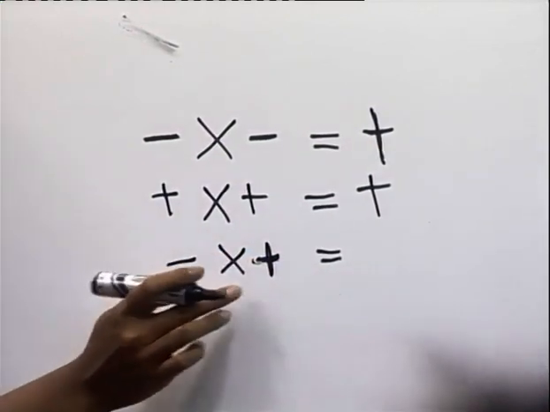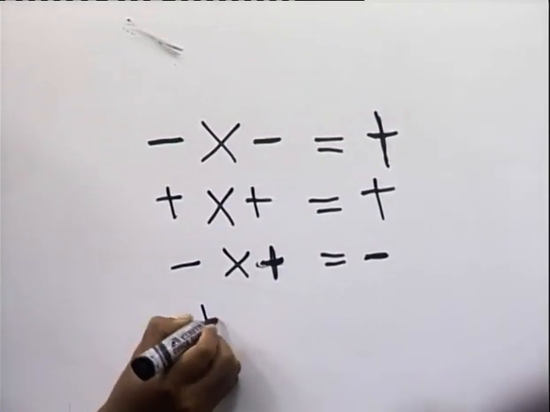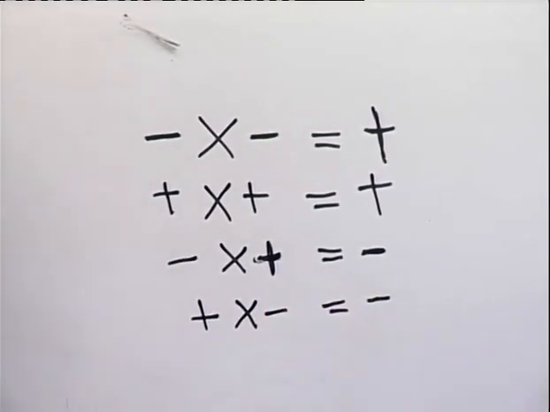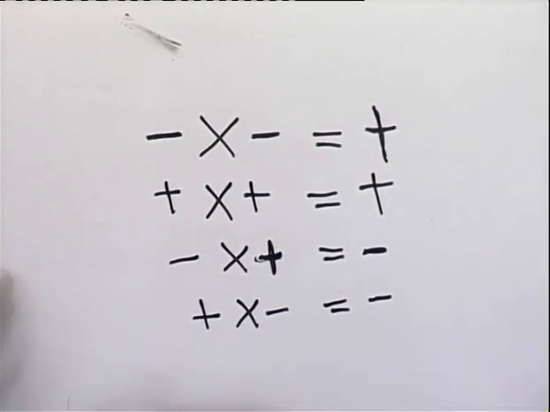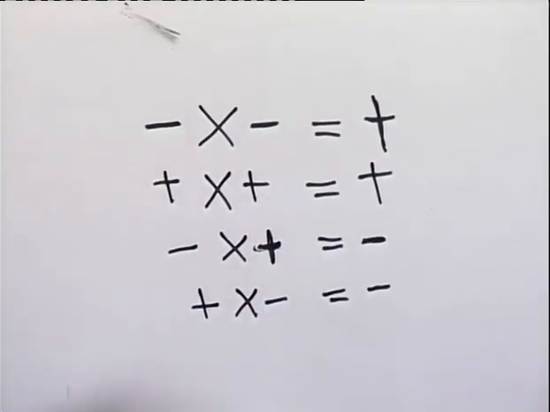Negative number times a positive number, your answer will be negative. And if you have a positive number times a negative number, your answer is negative. Right? So this is just a simple reminder when you are multiplying directed numbers.